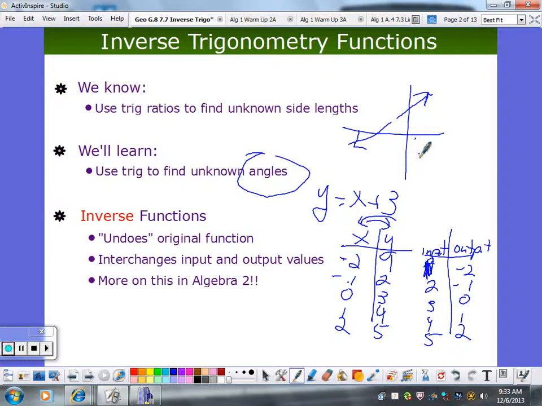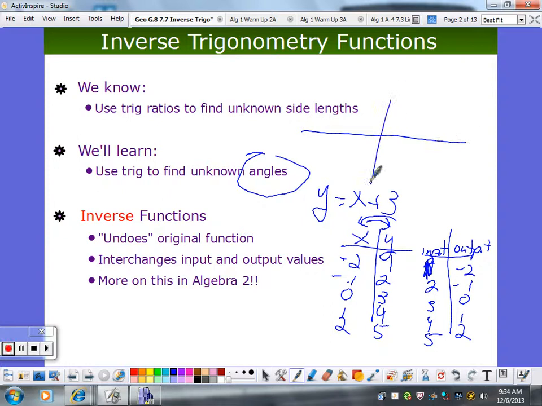You're going to get 1, -2, 2, -1, 3, 0. Something's wrong here. I don't think I did that one right. I don't know what happened to that one. But basically, it does turn it. I think it's like a rotation.